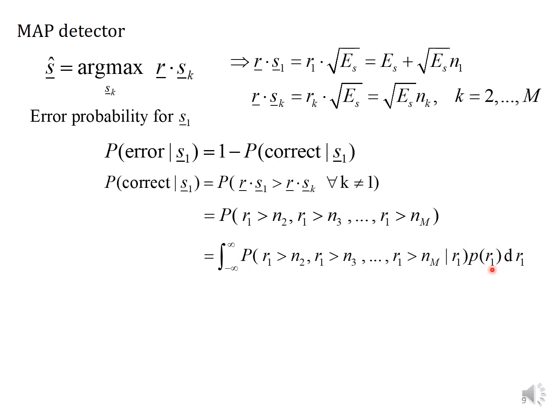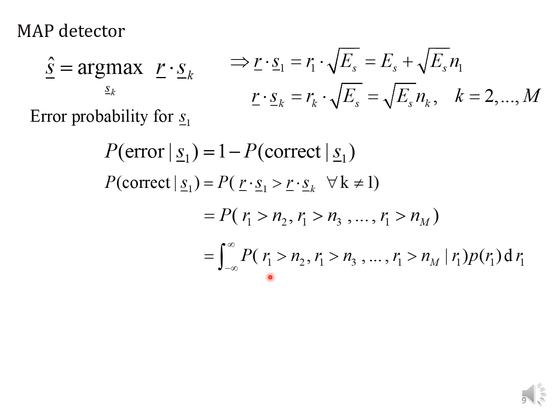It's called P(R1). Under this probability of R1, we have, given R1, that R1 has to be greater than R2, greater than R3, and so on, greater than Rm. They all have to be satisfied. R1 could be very small, with very low probability, of course.